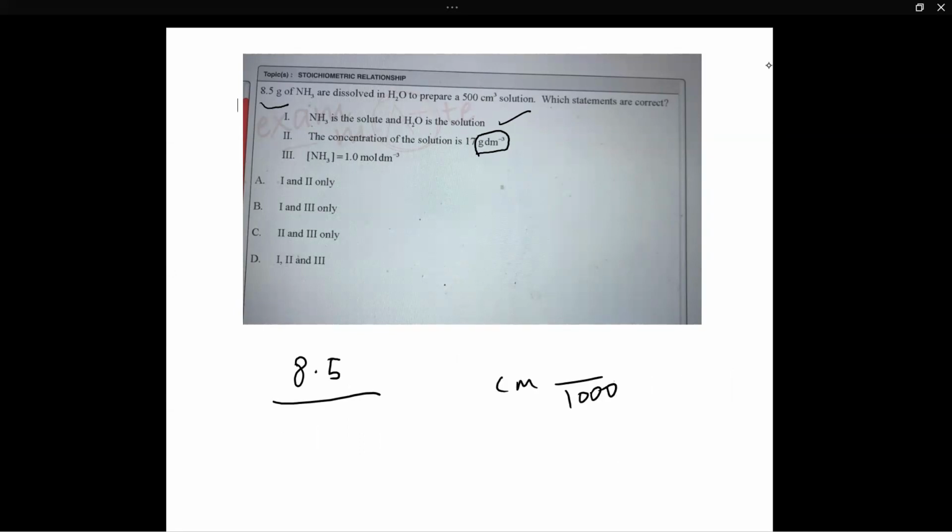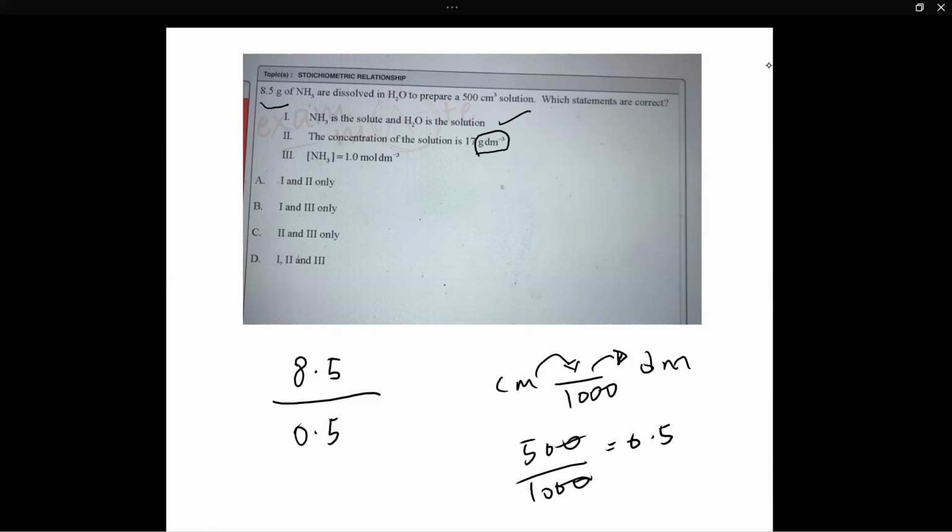So we divide 500 by 1000, which is basically 0.5. So it's 8.5 divided by 0.5.